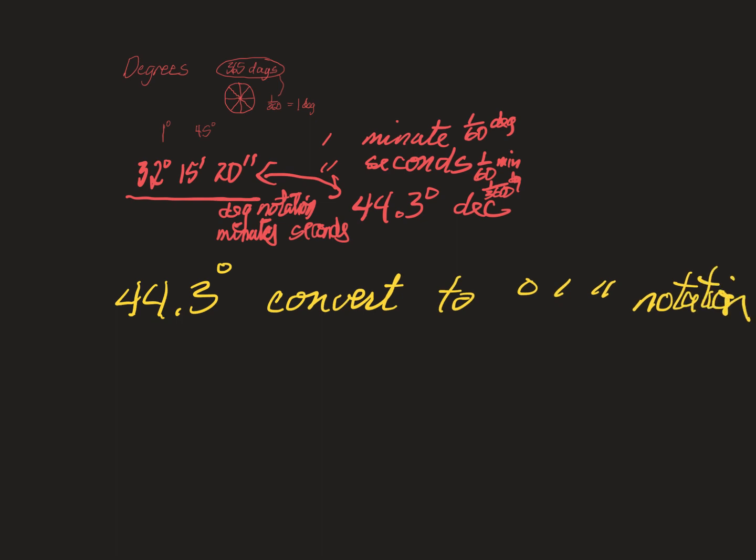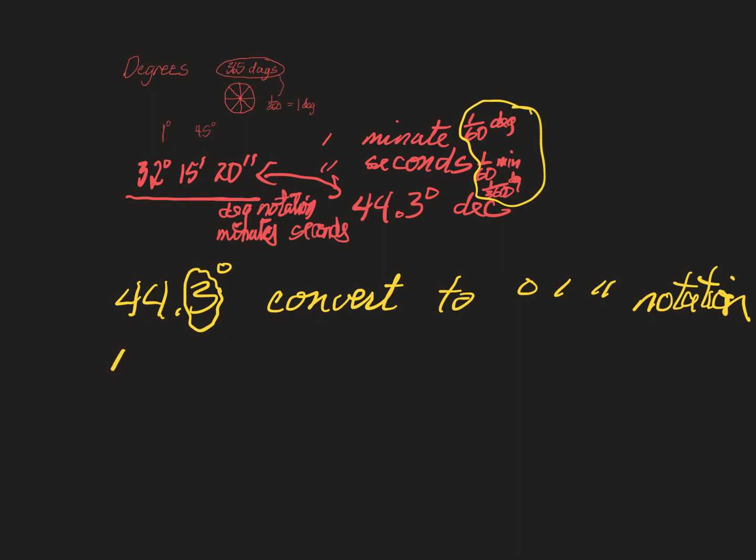And so how do we do that? Well, we use this information, all right? And so we're going to do it this way. And so the way you do that is you want to find what decimal of 60 the 3/10 here is, and that gives you the number of minutes. So let me show you.